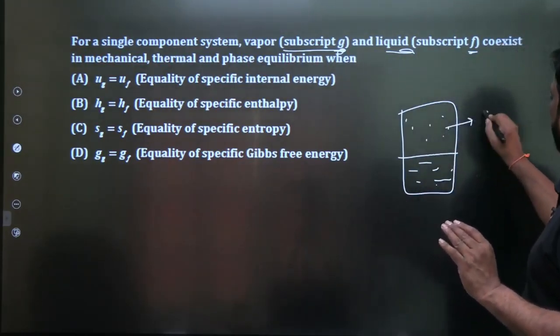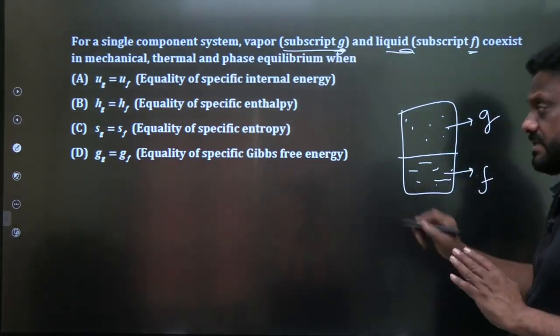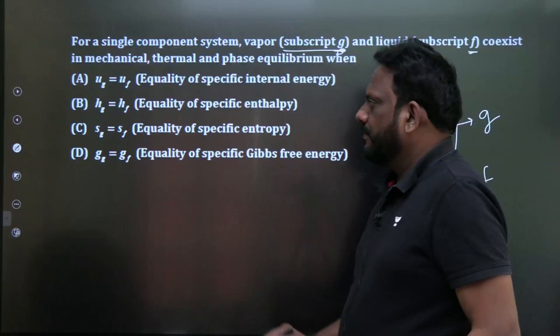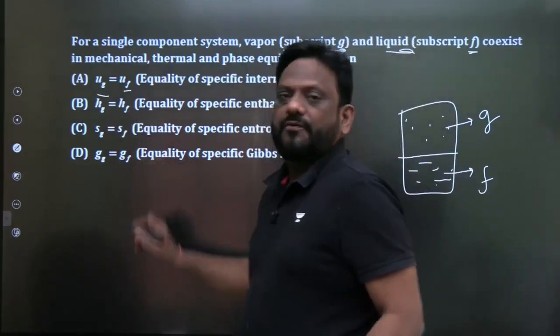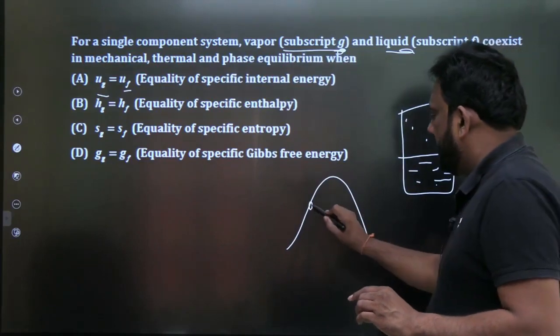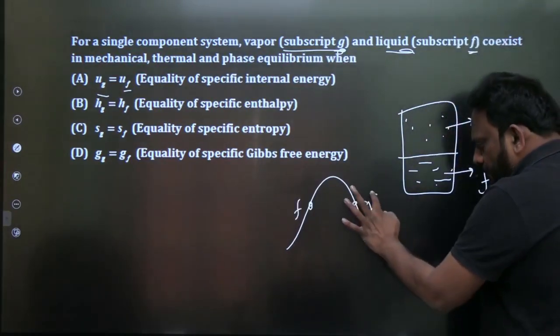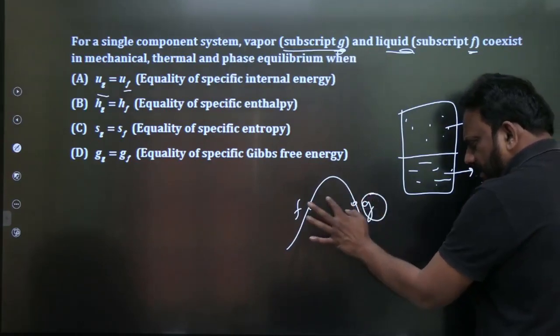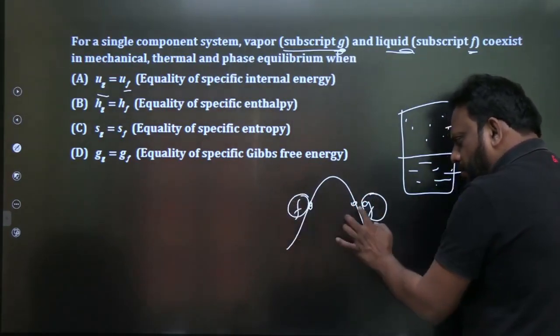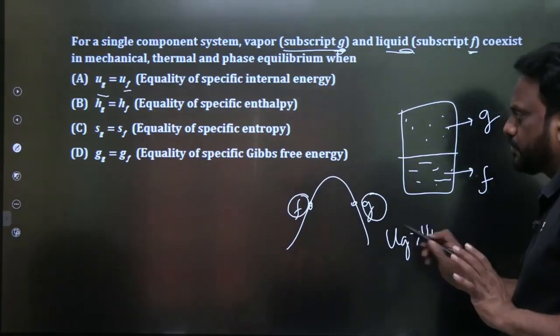The saturated vapor we are designating with G and the saturated liquid we are designating with F. Now he is asking, is Ug equal to Uf? Absolutely no. If you see the diagram, this is F and this is G. Definitely the saturated vapor values are greater than the saturated liquid values. So I know very well Ug is greater than Uf. Yes, so this is wrong.